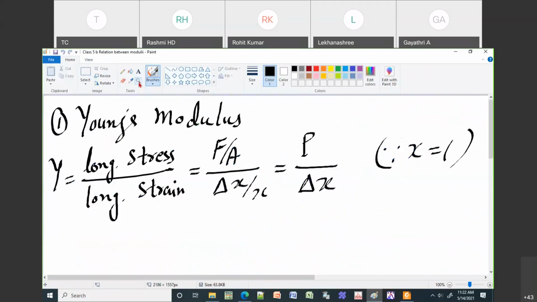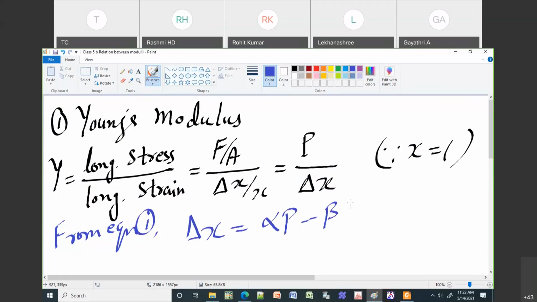So from equation 1, we have delta x equals alpha times P minus beta times Q minus beta times R.